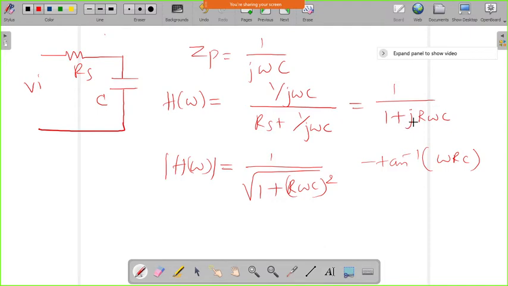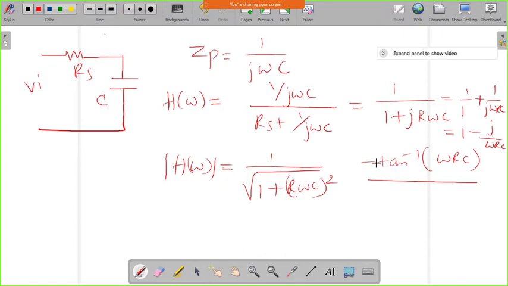We can write this as 1 over 1 plus 1 over j omega RC, or 1 minus j by omega RC. It is like a minus jb, so taking b by a, you will get minus tan inverse of omega RC. That is the phase you are going to get.